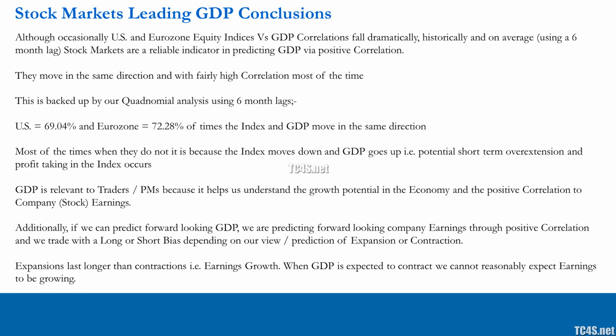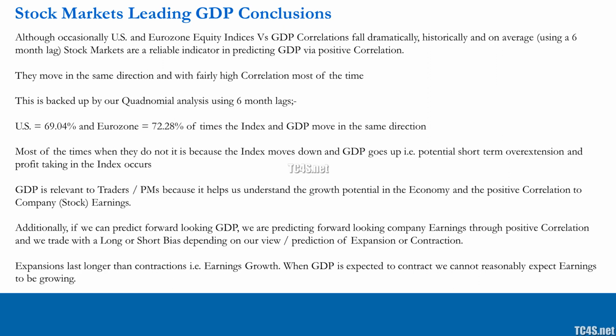Okay. Now, GDP is relevant to traders and PMs because it helps us understand the growth potential in the economy and the positive correlation to company, so stock, earnings. Okay. Additionally, if we can predict forward-looking GDP, what are we doing?